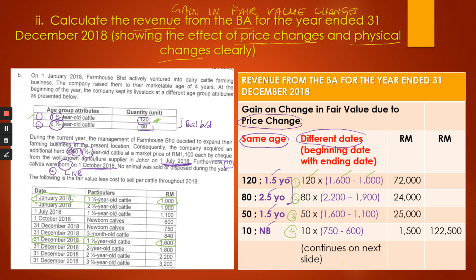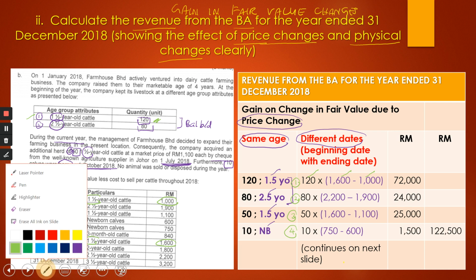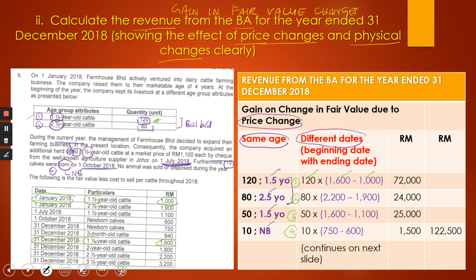Number 2 refers to the age group of 2.5-year-old. 2.5-year-old, let's look at different colors. We have blue here. So you have 2.5-year-old, so you will compare 2.5-year-old, the price on 1st of January, beginning of the year, and you will compare that with 2.5-year-old, which is this one, right? 31st of December, 2,200.